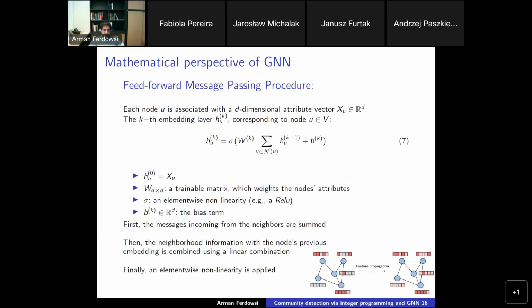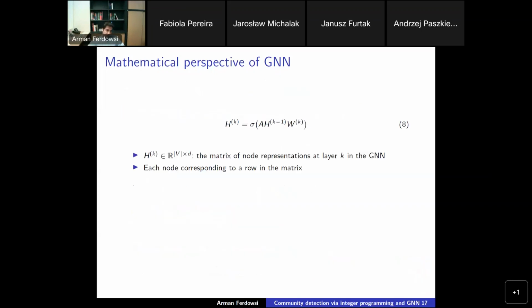What happens is that first, the messages incoming from the neighbors are summed, then the neighborhood information is combined with the node's previous embedding using a linear combination, and finally, an element-wise nonlinearity is applied. Now, in order to transform the node level into something that can be implemented, we can come up with the following graph level definition of the model.